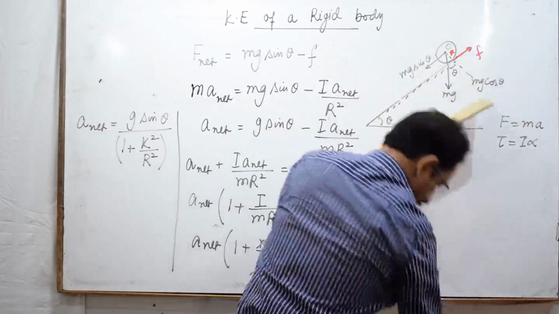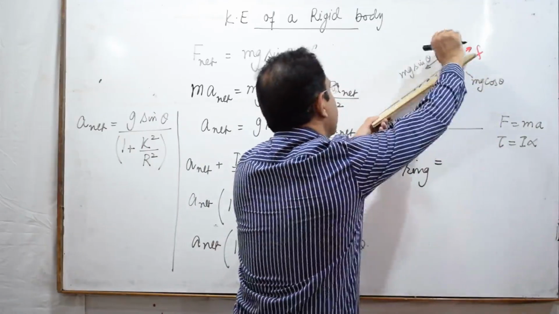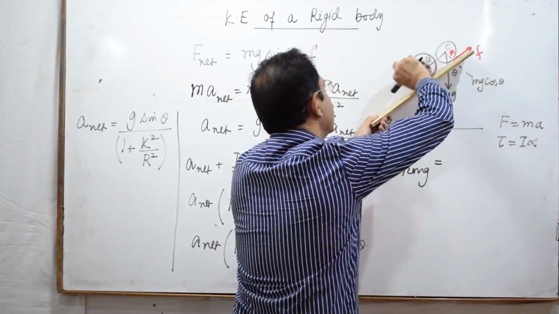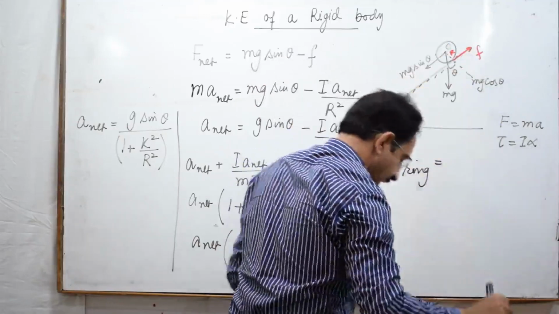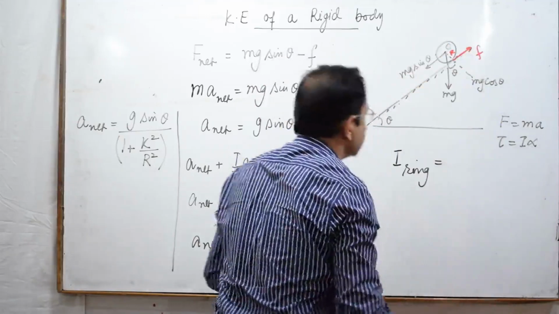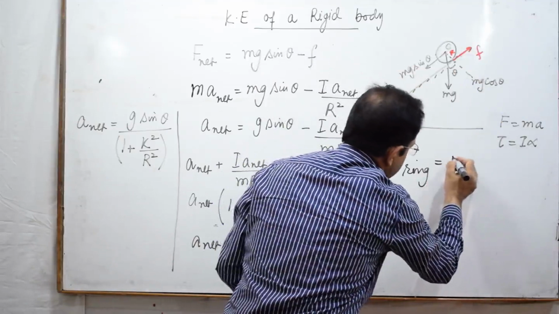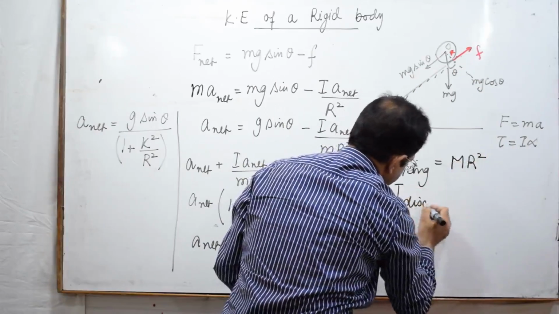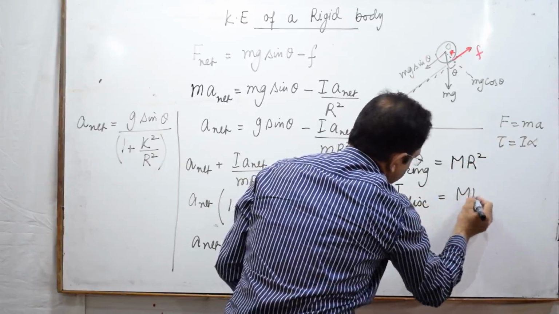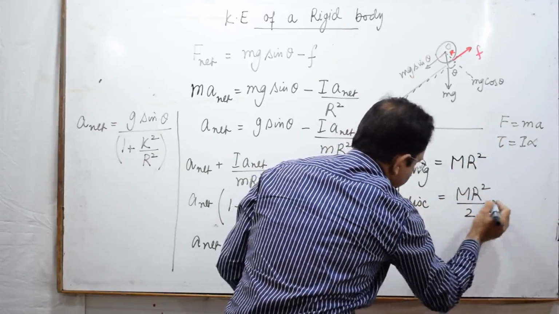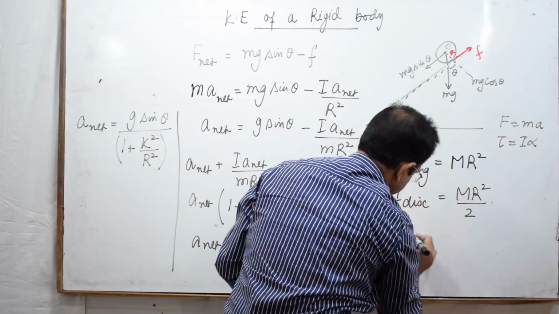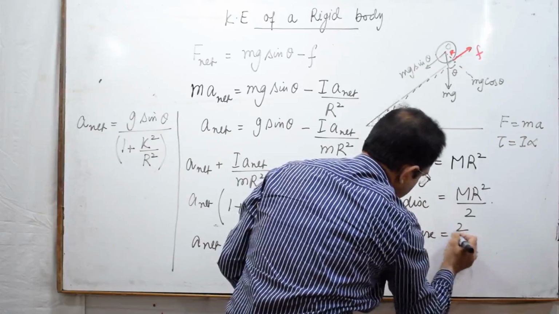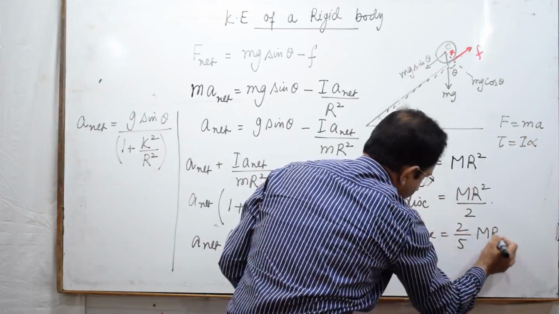So when you place a ring on this incline, the moment of inertia of the ring has an axis which is parallel to the incline, so that is equal to m r square. Then if it was a disc, in the same manner, it would be equal to m r square by 2. And if it was a solid sphere, this is equal to 2 by 5 m r square.